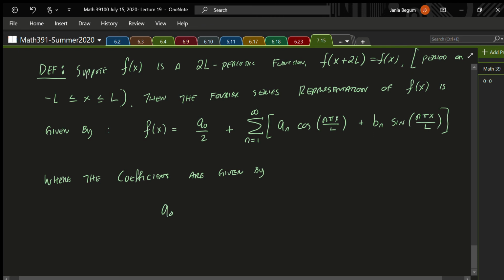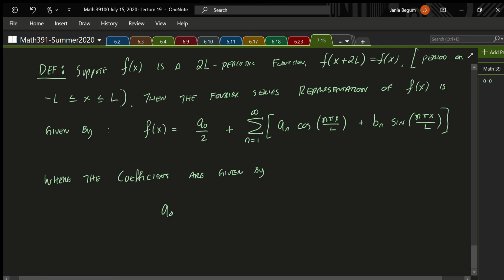I will explain why we have a0 over 2 in the formula in a few minutes. I'll give you the derivation as well. Without derivation, these formulas are just useful, but if you don't know the math behind it, it's hard to be very convincing, so I'll show you a tiny proof of all of these. That way you're not just given the formula, you're also given the explanation as well.